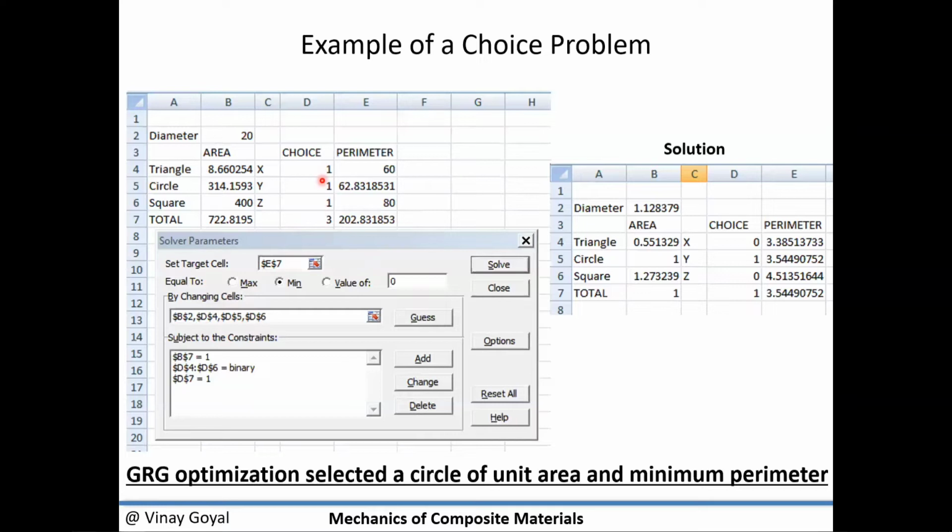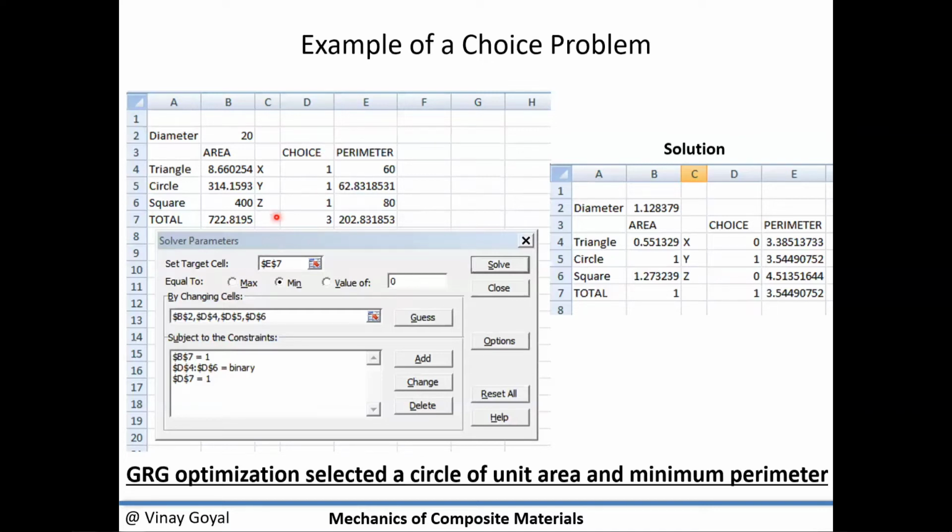And I'm going to force it by setting D7, the summation of all these three, to 1, so that's a constraint. And B7 is being chosen to be an area of 1. We said that. And then we also want D4 through D6 to be binary, so that forces each to be 0 or 1.